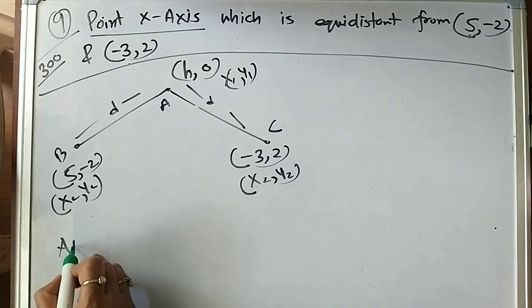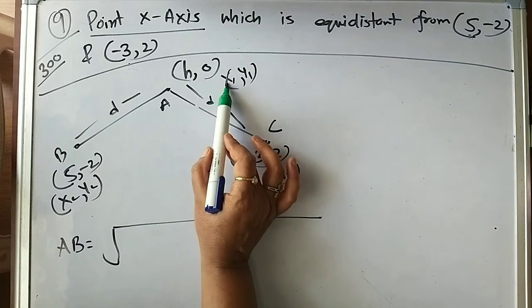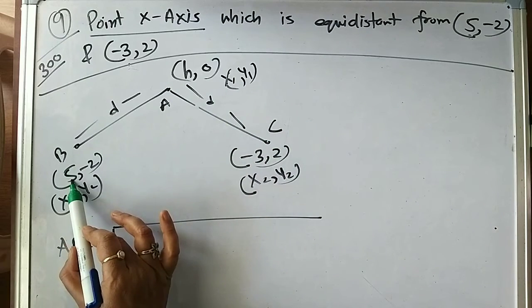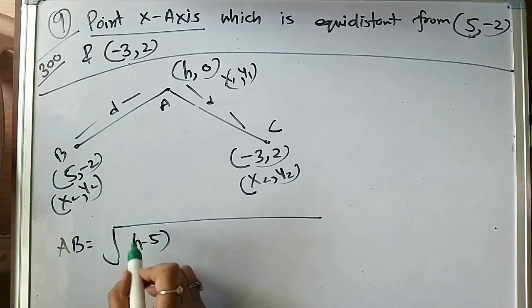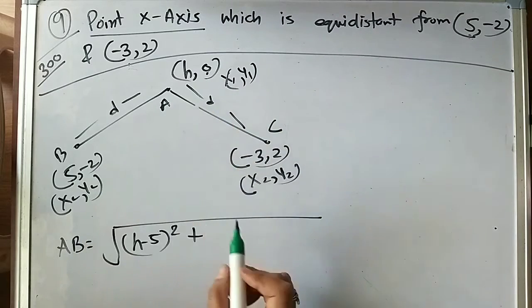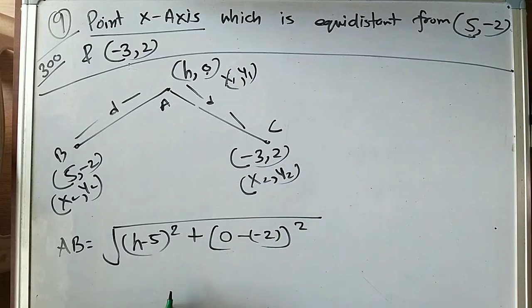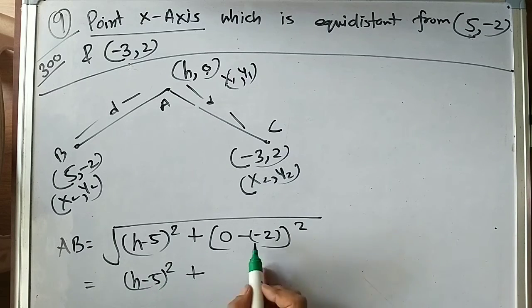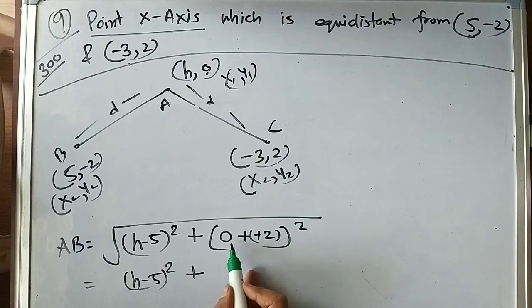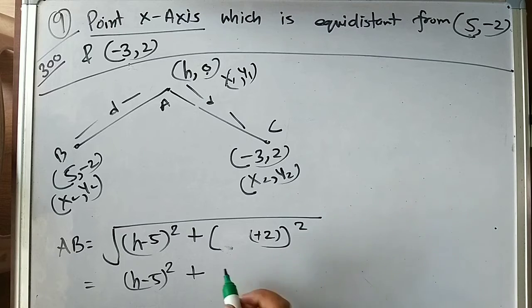Let me write down what AB is. AB is root of (x1 minus x2) square plus (y1 minus y2) square. So it will be (h minus 5) square plus (0 minus of minus 2) square. Let me simplify. (h minus 5) square plus, this minus will become plus, 0 I can leave. So what is 2 square? 2 square is 4, all under root.